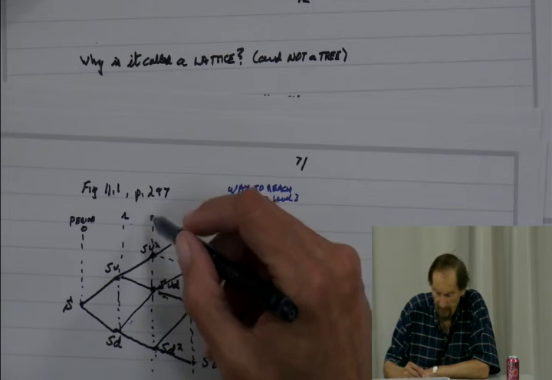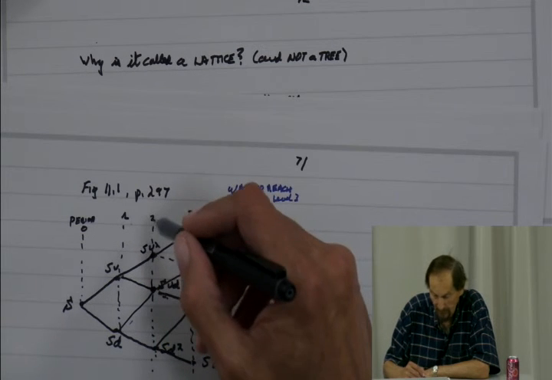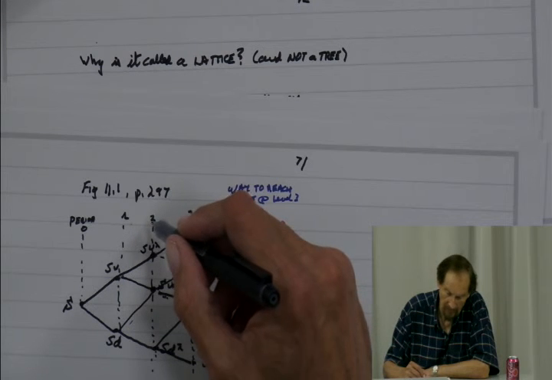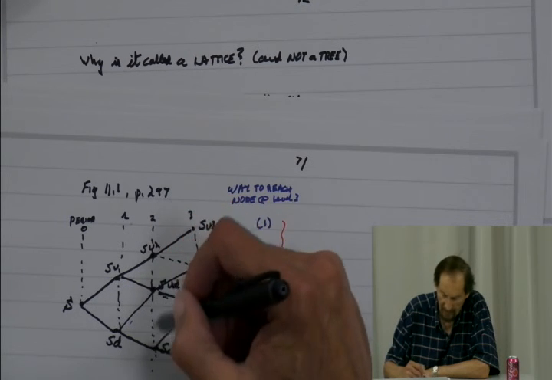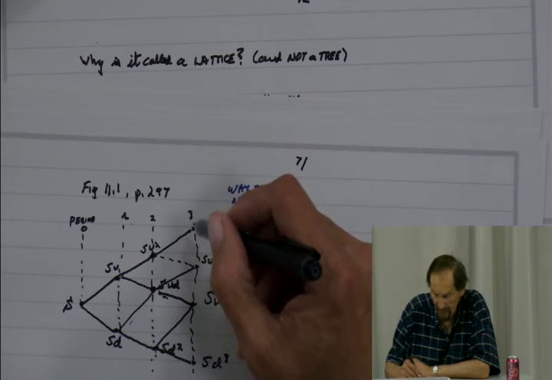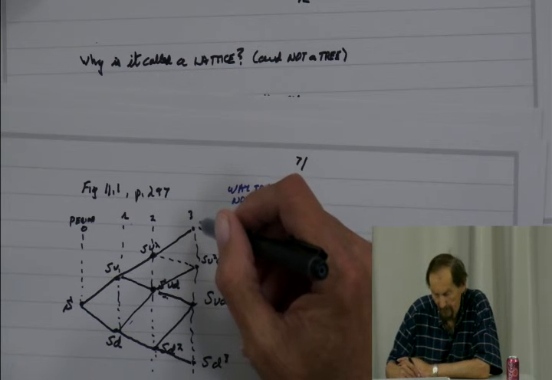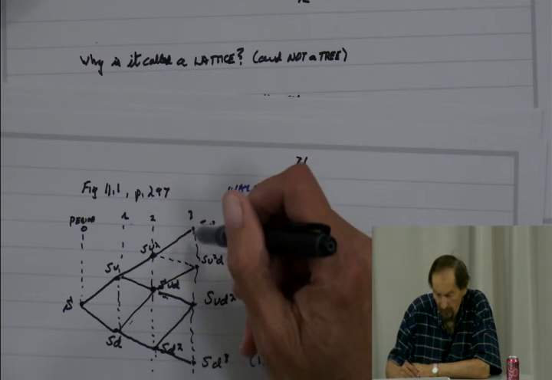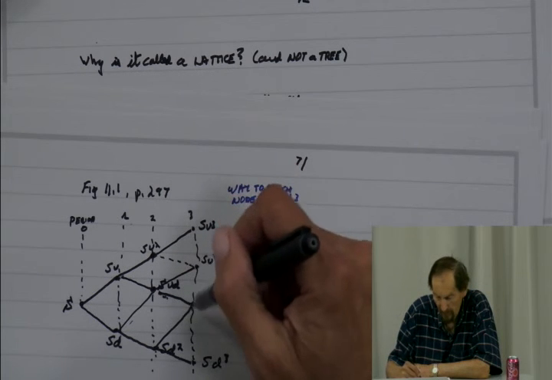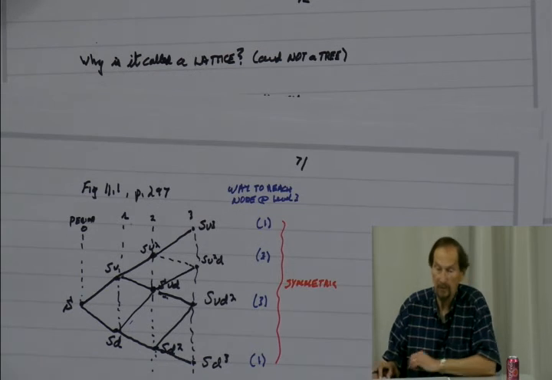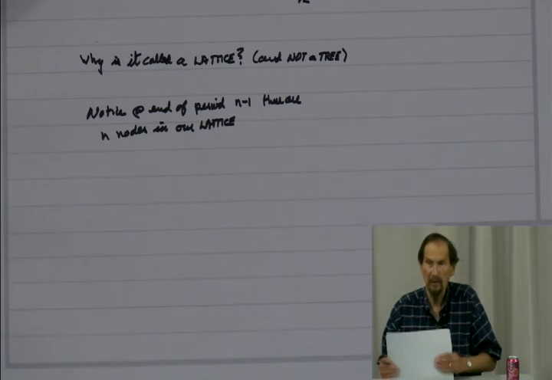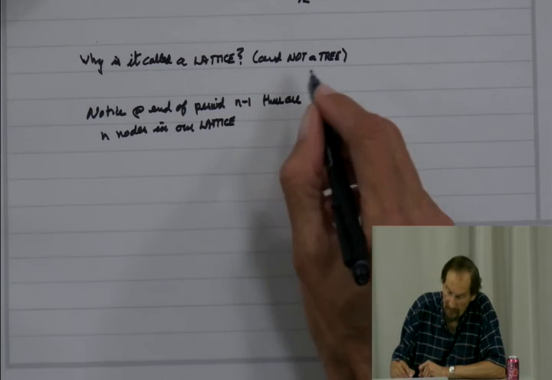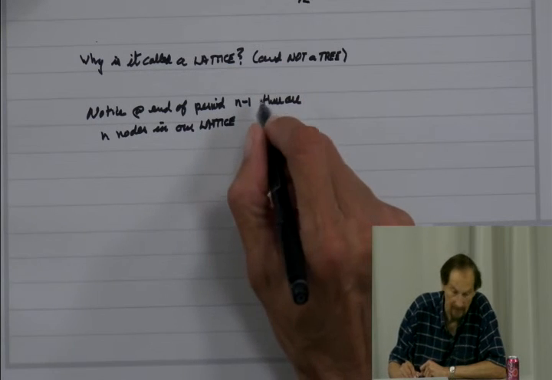At the end of period 2, n-1 is 2, where n is 3, we have 3 nodes here. Then at the end of period 3, where n is 4, we have what? We have 1, 2, 3, 4 nodes. So at the end of period n-1, there are n nodes in our lattice.